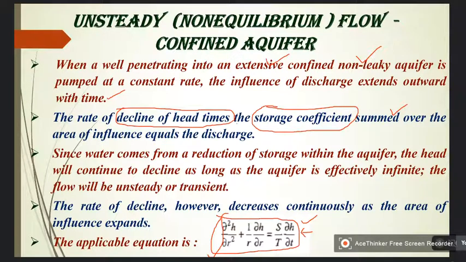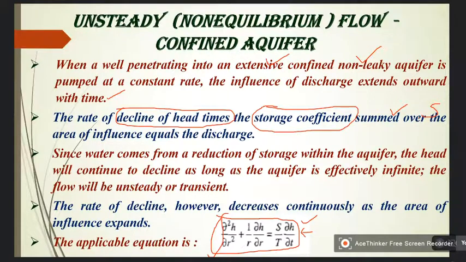Now, since water comes from a reduction of storage within the aquifer, what happens when you start pumping? The storage value will be reducing. The quantity of water that is stored in the aquifer will be gradually reducing.